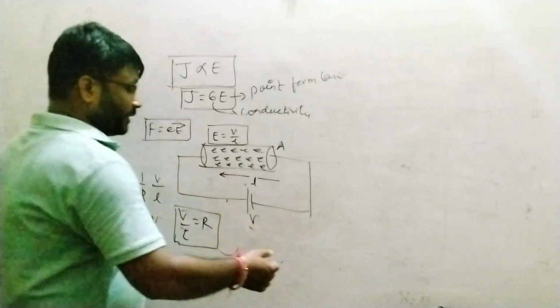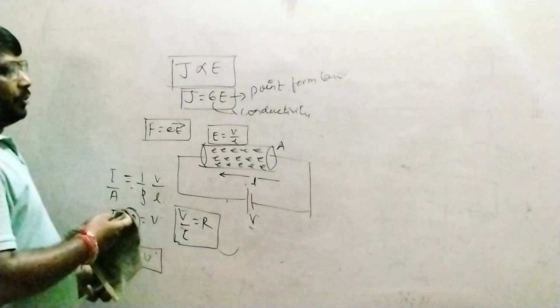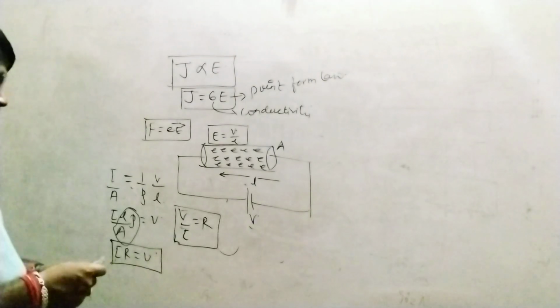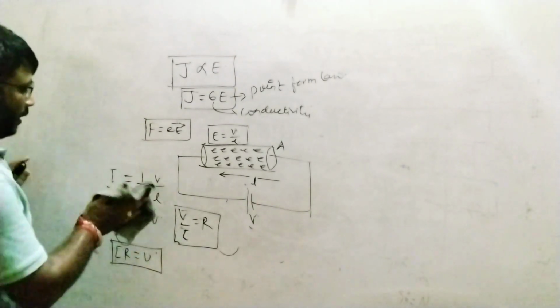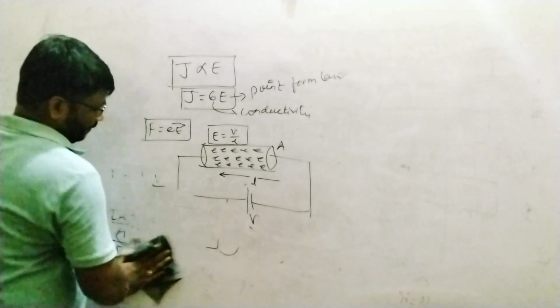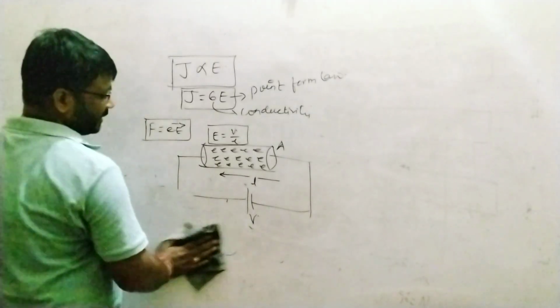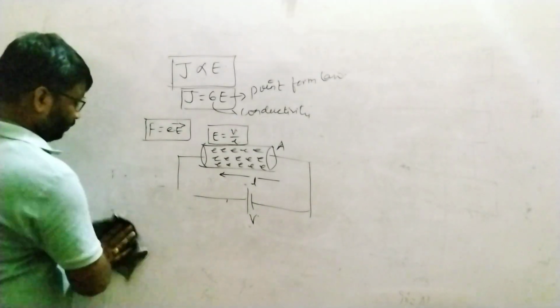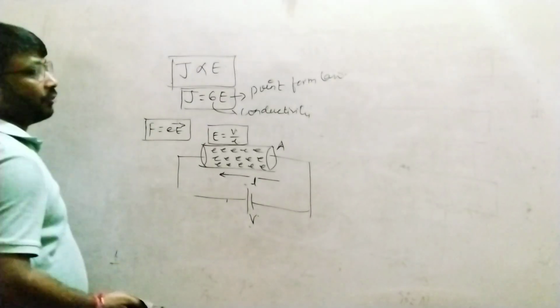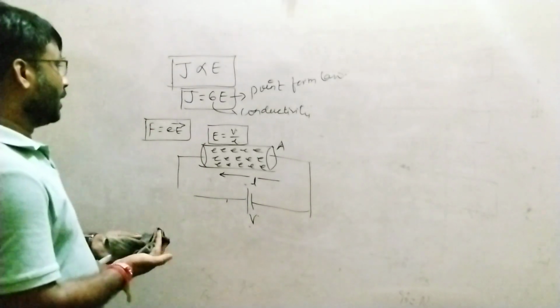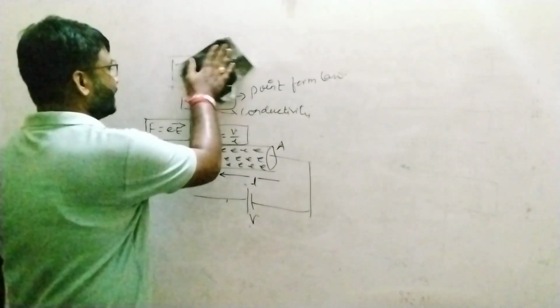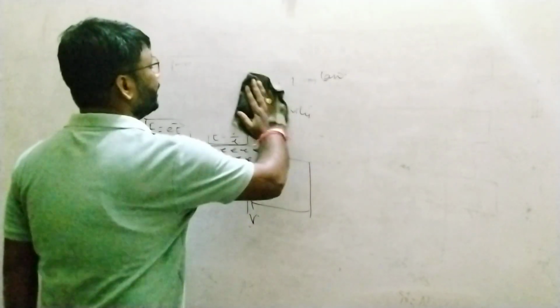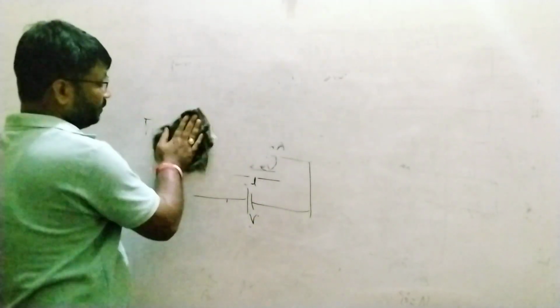So this is regarding Ohm's law. The statement of Ohm's law is that this experiment is done at constant temperature: at constant temperature the voltage applied across the conductor is directly proportional to the current flowing through the conductor.